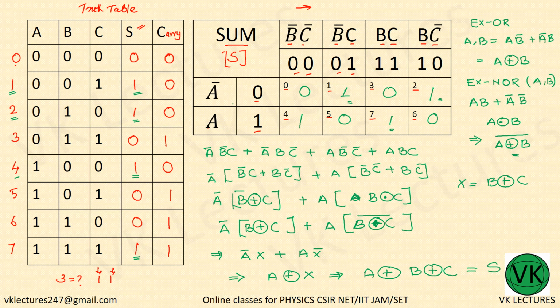You need an XOR gate with 3 inputs A, B and C. That is the sum of this full adder. So the full adder's sum is given by A XOR B XOR C.